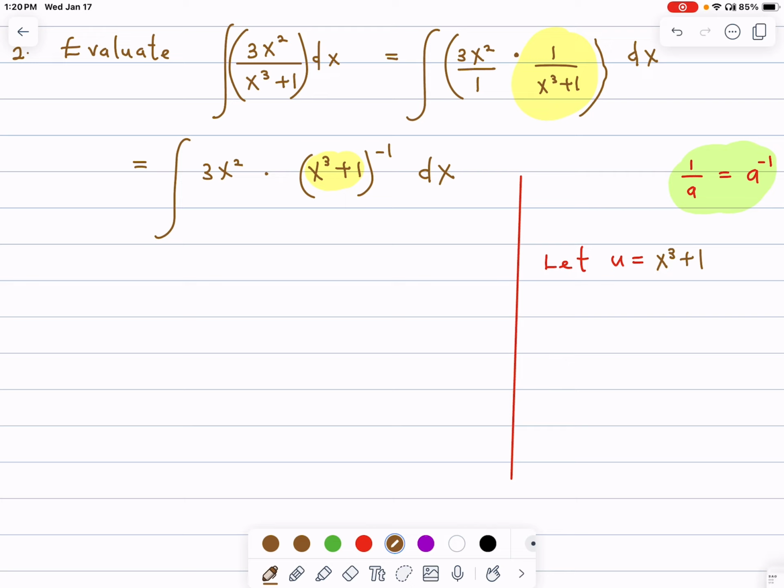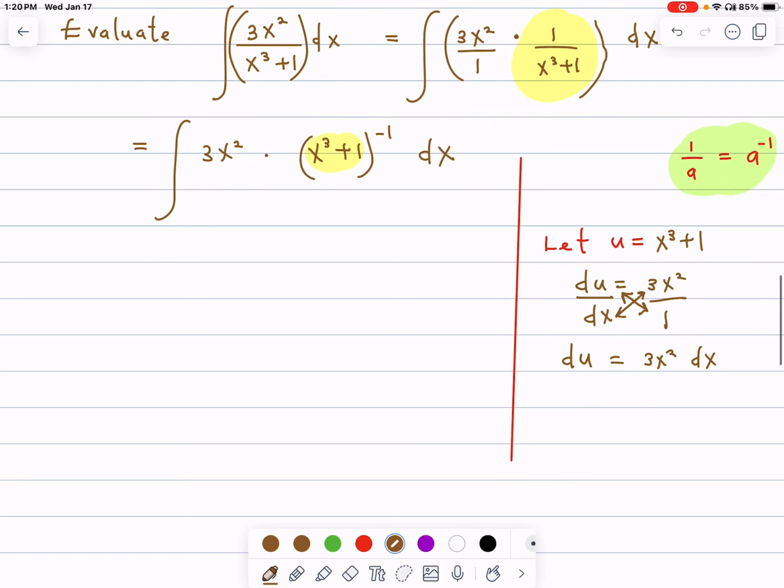So now my du over dx, if you take the derivative, is going to be 3x squared, right? If I cross multiply, I'm going to get du is equal to 3x squared dx.